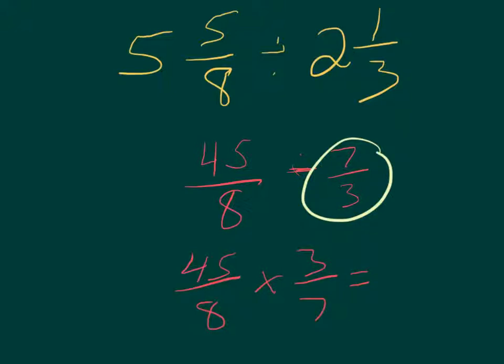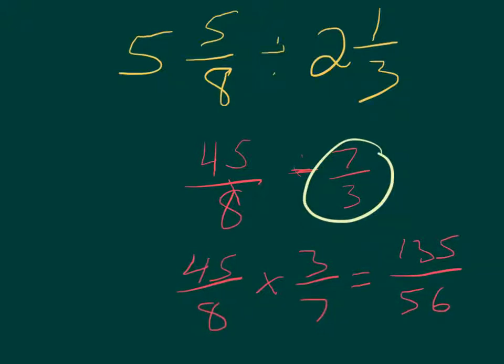Okay, so I'm going to multiply 45 times 3. 45 times 3 is 135. 8 times 7 is 56. So then you ask yourself, how many times does 56 go into 135? It's going to go in twice.